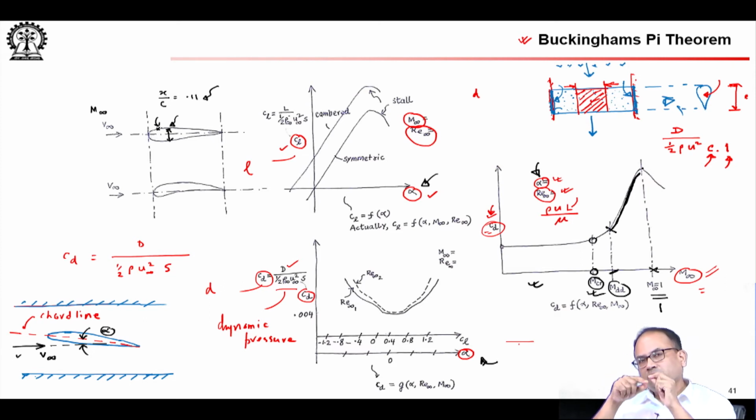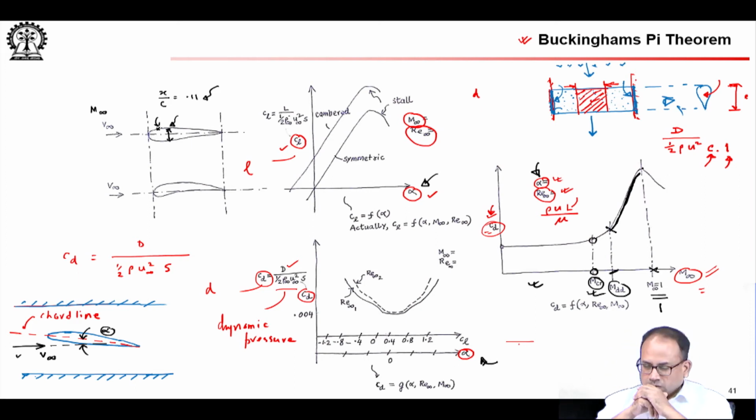Essentially Cp scales with that number, but I will show in a later slide that CD also gets influenced by that Cp. So Cp scales proportional to 1 by square root of 1 minus M infinity squared. You understand that as M infinity goes close to 1, your Cp becomes really high, and if you have flow separation, your drag on your body can be enormously high, and it can actually become infinite.